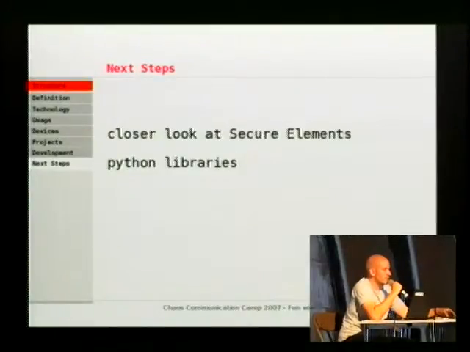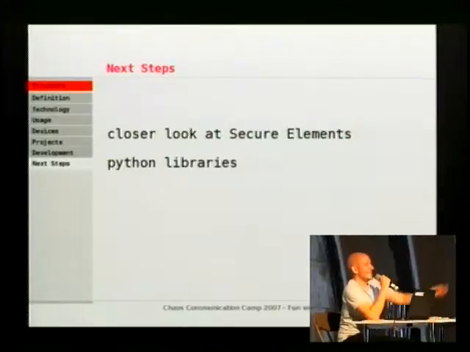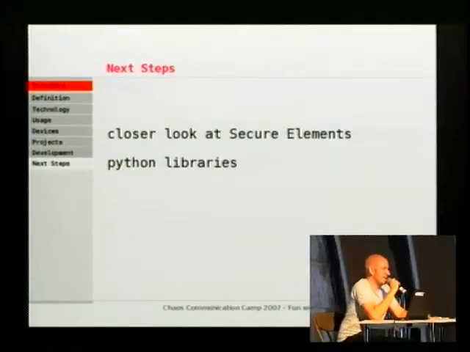Pardon? I guess you have to get in between. So that's one of the design goals of NFC, that you make the distance that short, that the trust in the system comes from the short distance. Hopefully.